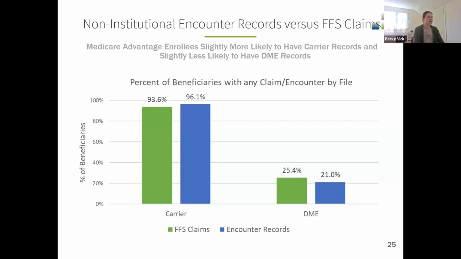You can see that Encounter or Medicare Advantage members are slightly more likely to have at least one record in the carrier file as compared to the fee-for-service population, but slightly less likely to have a record in the DME file. But both are in the same ballpark.